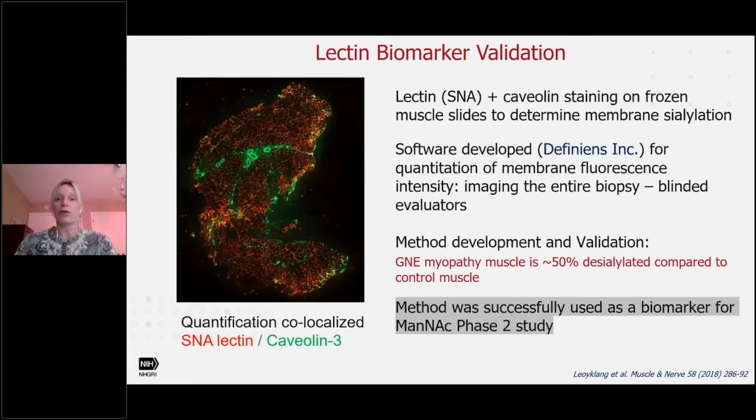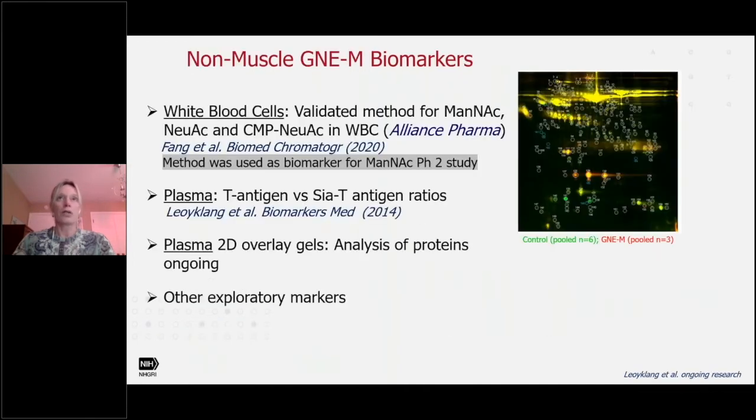So this could potentially be the biomarker for GNE myopathy. However, we need a muscle biopsy for this, which is quite invasive. And if you're going through a clinical trial, you may want to take multiple muscle biopsies to see if your therapy is working, which may be too invasive for a patient with a muscle wasting disease. So it is better to have a different biomarker that is easily accessible, like a blood marker or a different tissue marker.